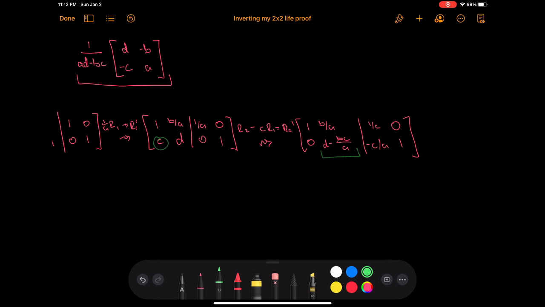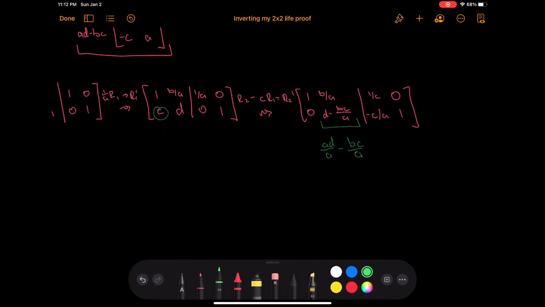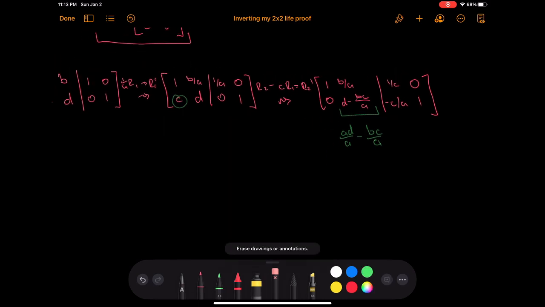Because D is just D over 1, all we have to do is multiply it by A over A. So this would be AD over A minus BC over A, and we can combine those two to be AD minus BC over A. So I'm going to rewrite this as: 1, B over A, 0, AD minus BC over A, then 1 over A, 0, negative C over A, 1.